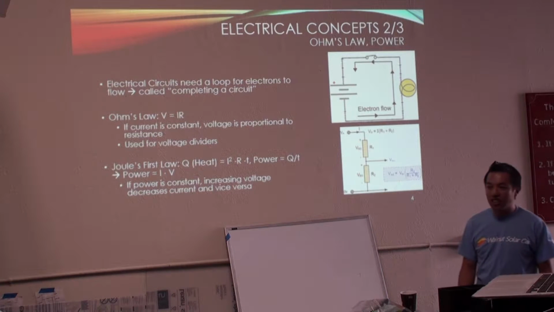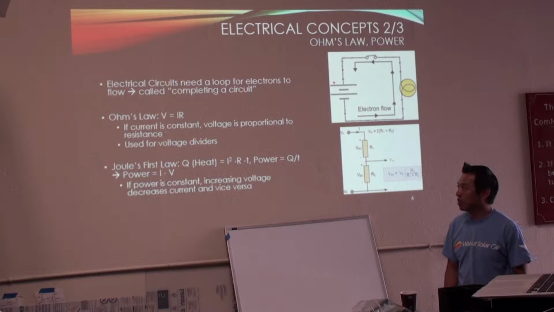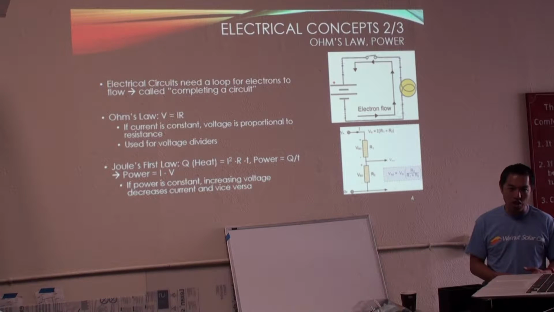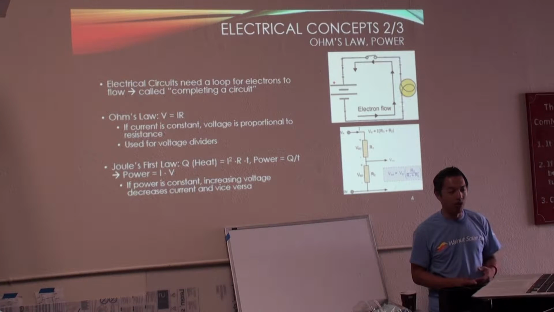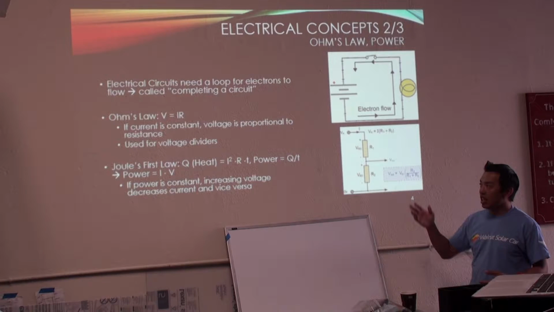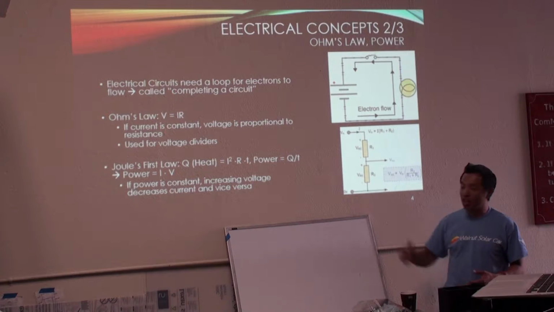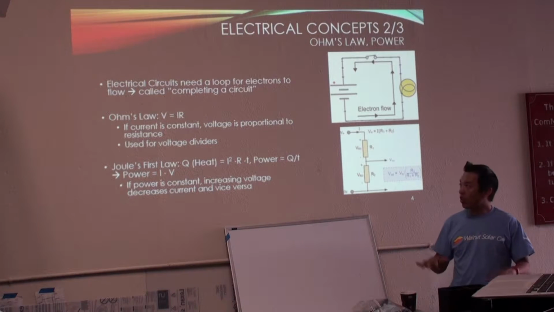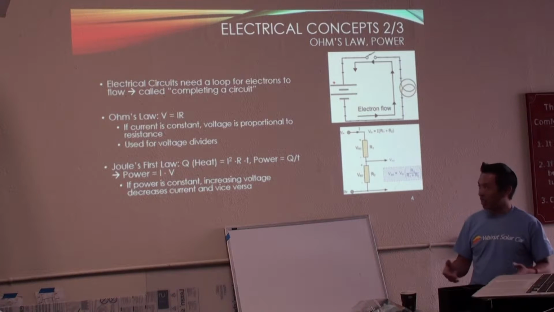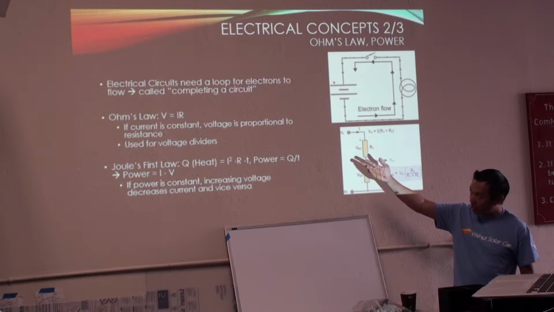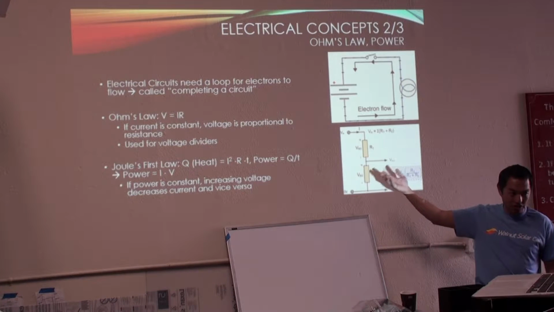The key thing we need to know and why it's useful for us is that if your current is constant, you can vary your voltage by resistance. Obviously, if I is constant, you divide by R on both sides, I equals V over R, right?